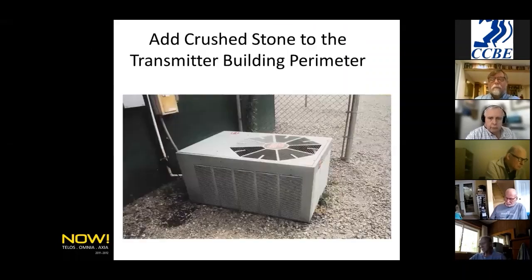Another idea that you can do is to add crushed stone around your transmitter building perimeter. The mice, snakes, all kinds of little animals don't like to be out in the open. So if you've got brush that is around your building, it's pretty much a welcome mat for them to come around and see if they can find a way inside.